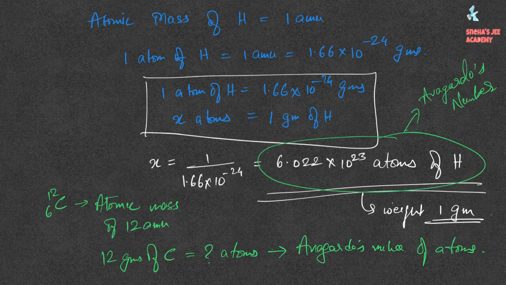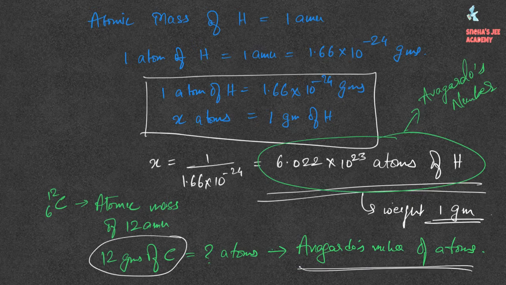And this amount of material, for example 12 grams of carbon, which contains Avogadro's number of carbon atoms, is called a mole of carbon. Again, a very important concept. So what is a mole?